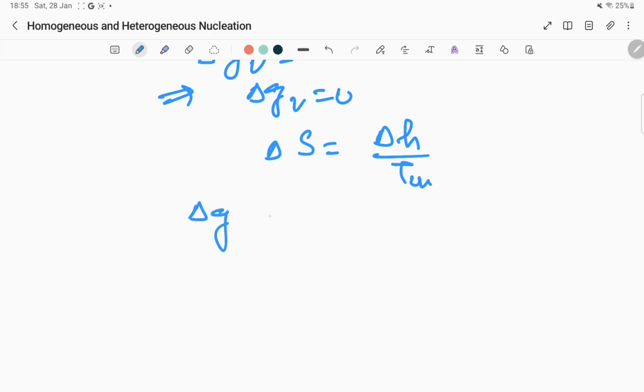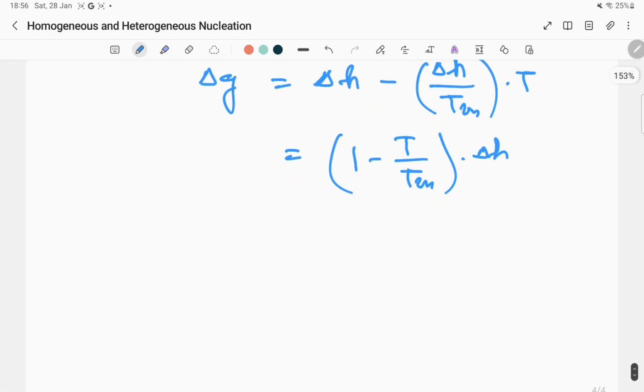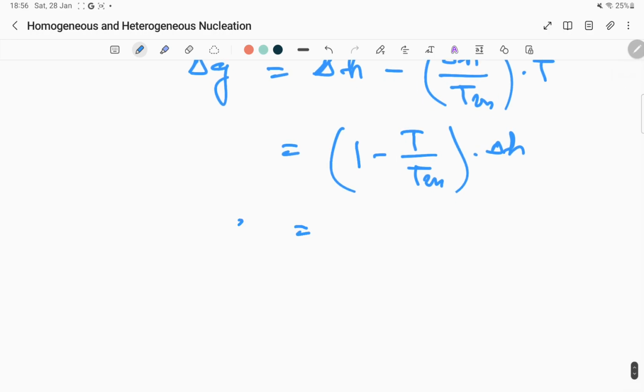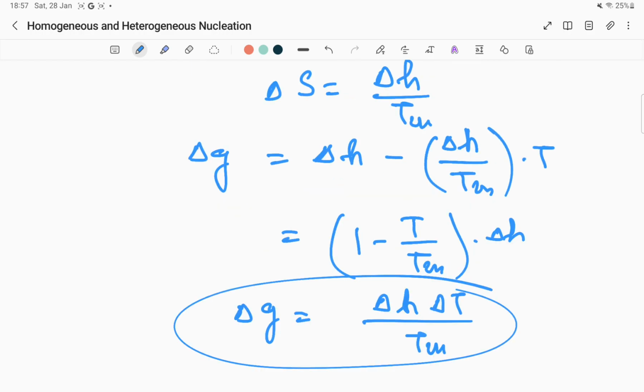So at temperature T we can calculate delta H minus delta H upon Tm into T. So it will come out 1 minus T upon Tm into delta H. So delta GV is equal to delta H delta T by Tm.